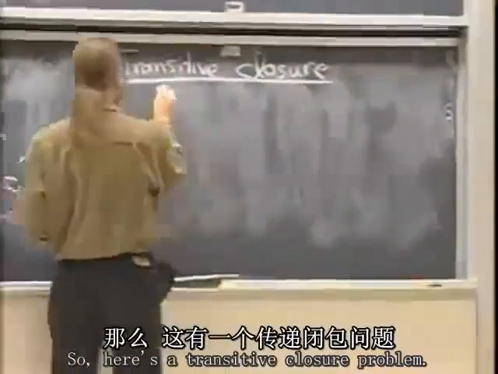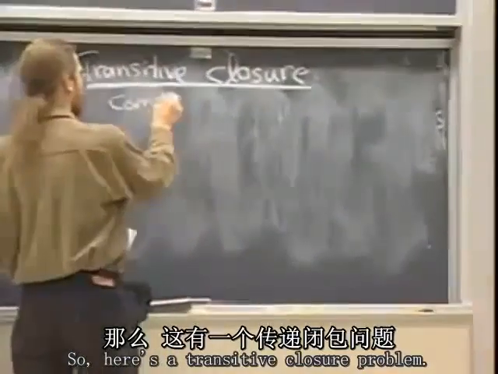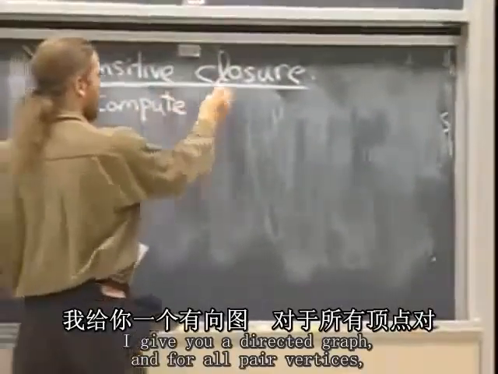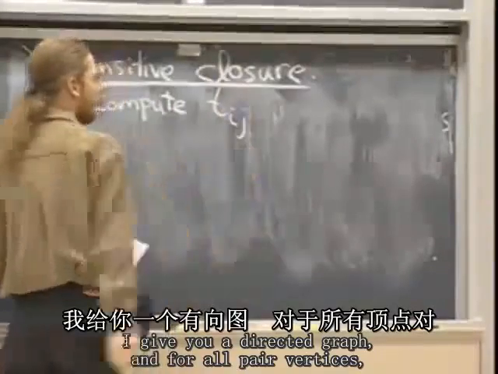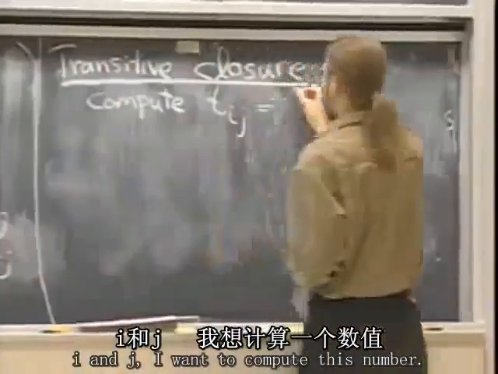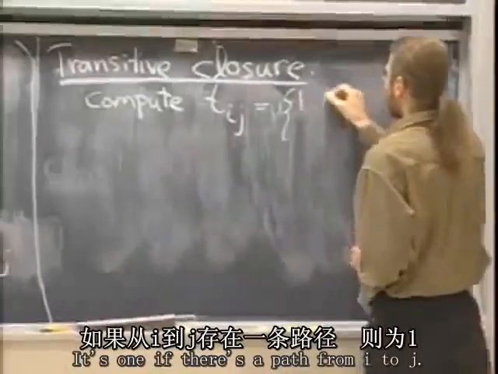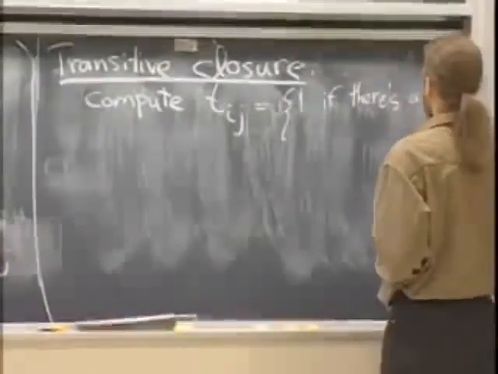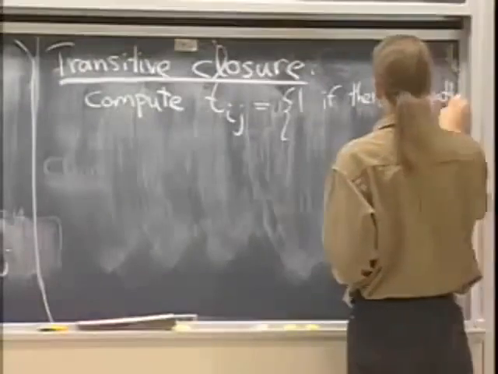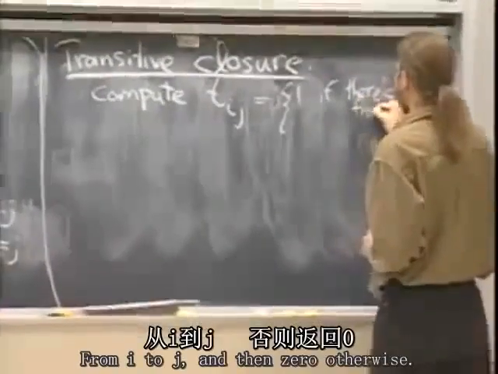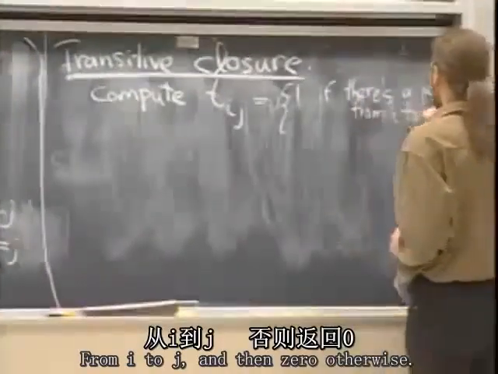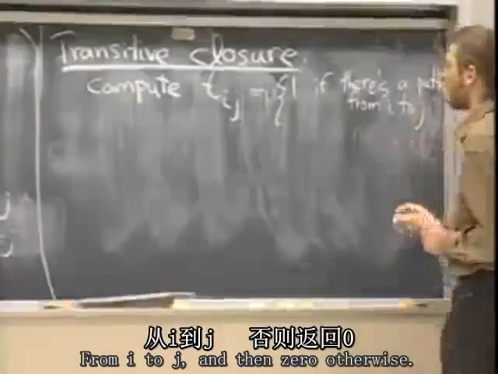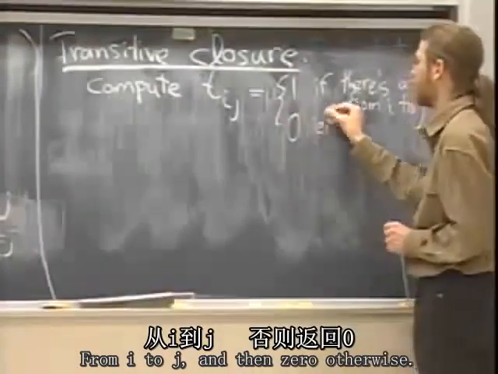So here's the transitive closure problem. I give you a directed graph, and for all pairs of vertices i and j, I want to compute this number. It's 1 if there's a path from i to j, and 0 otherwise.